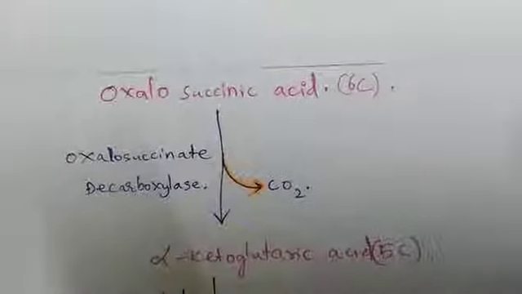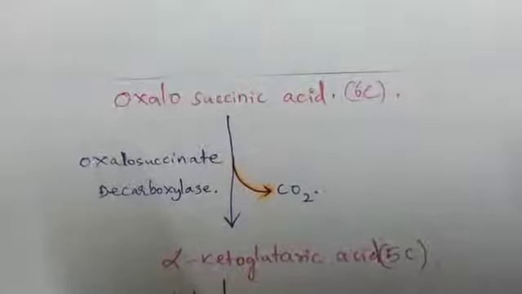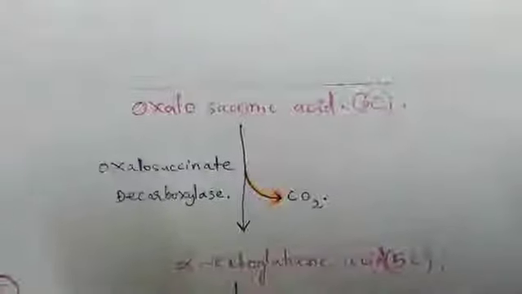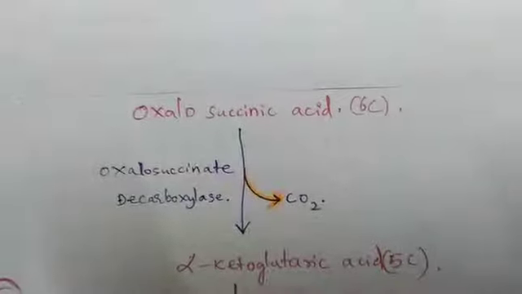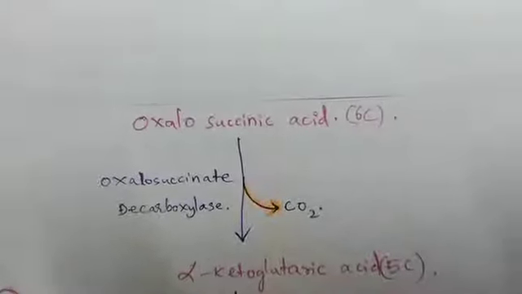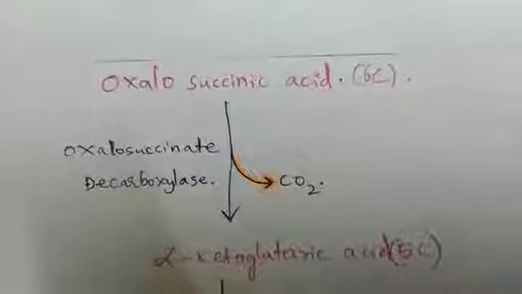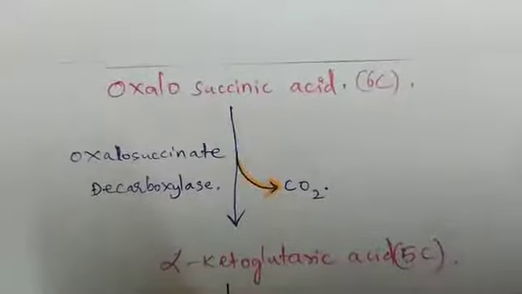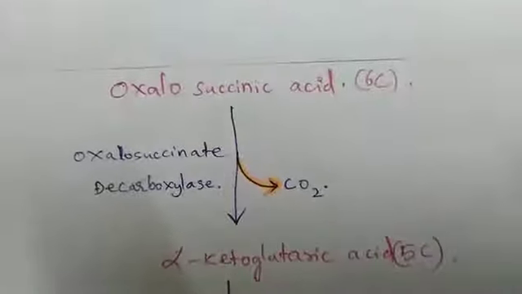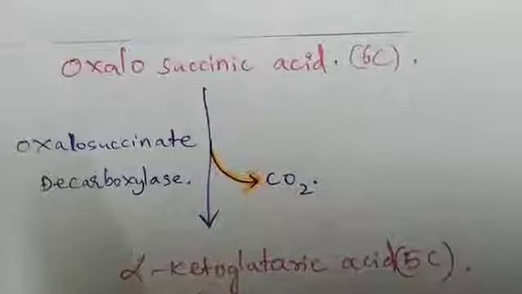And further, this oxalosuccinic acid, which is a 6-carbon molecule, undergoes a reaction by eliminating CO2, that is decarboxylation, in the presence of the enzyme oxalosuccinate decarboxylase and forms alpha ketoglutaric acid. Now you can observe that a carbon is eliminated in the form of carbon dioxide, and the 6-carbon molecule is converted into a 5-carbon molecule, alpha ketoglutaric acid.